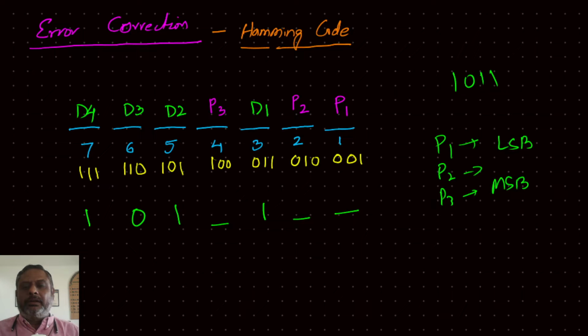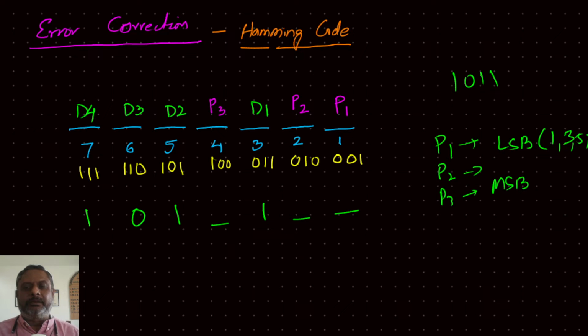So we are looking at P1 being responsible for all the bits which have the LSB equal to 1. That means the positions are at 1 we have a 1, at 3 also we have a 1, similarly at 5 and 7 we have a 1.